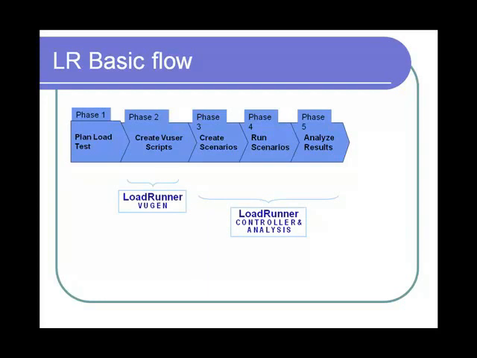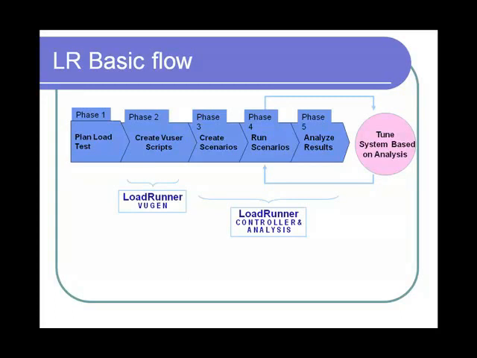The components of LoadRunner used during phases 3, 4 and 5 are the controller and analyzer. If there is any discrepancy between the expected results and the actual results, the system is fine-tuned. Again, the scenarios are run. Again, the results so generated are compared against the expected values.